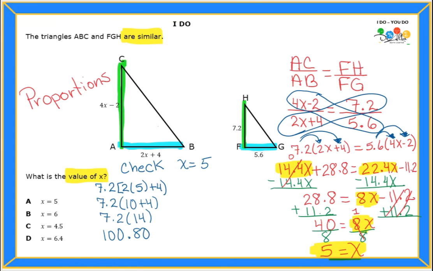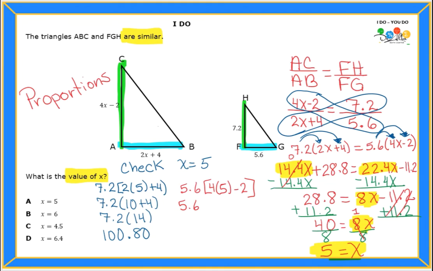What I'm hoping now is that when I work out the second part of the problem, which starts with 5.6, bracket, 4 parentheses minus 2, and close the bracket, inside the parentheses I write down the value for x, which is 5.